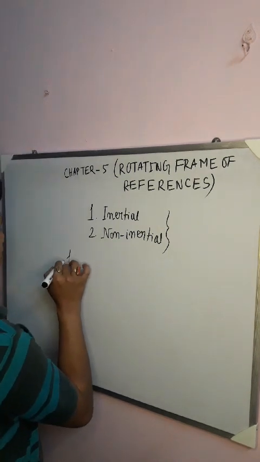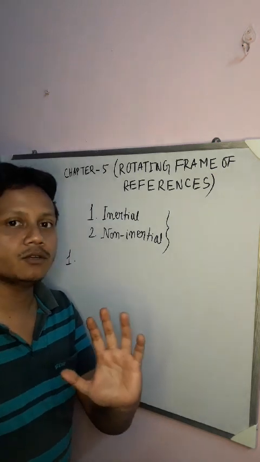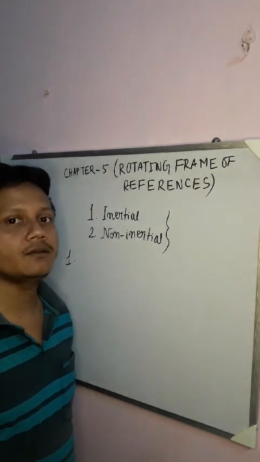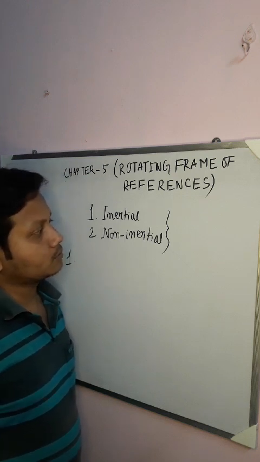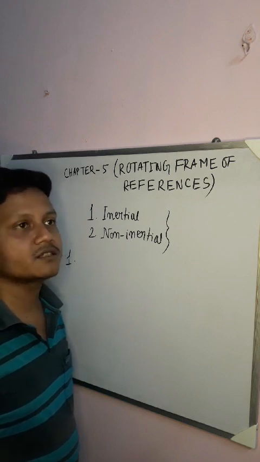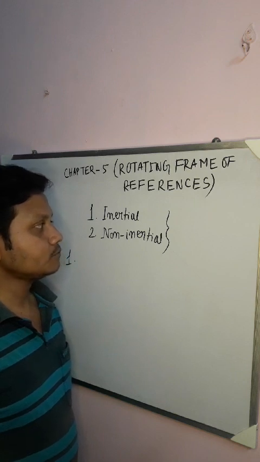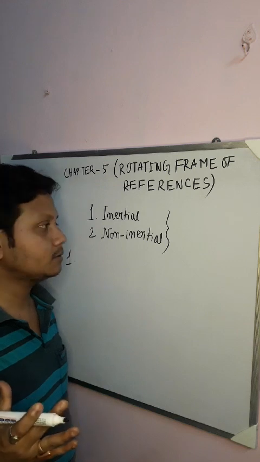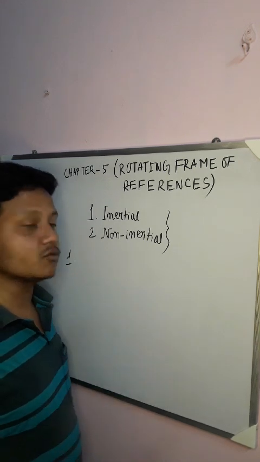Now what is an inertial frame? You all know that the frame in which Newton's laws of motion hold good is called an inertial frame of reference. That means a body, as long as no external force acts on it, is at rest or continues its uniform motion.